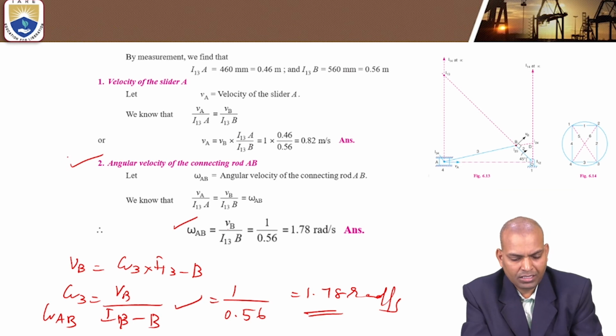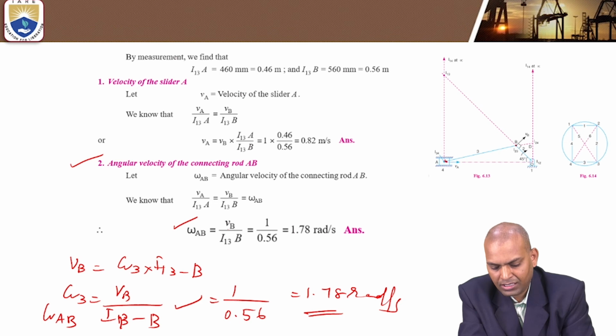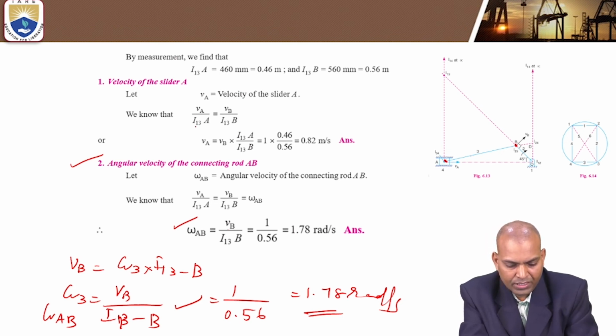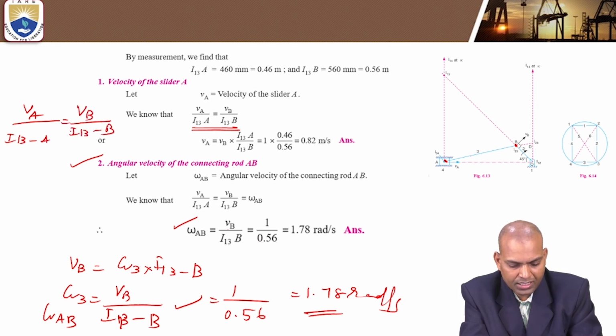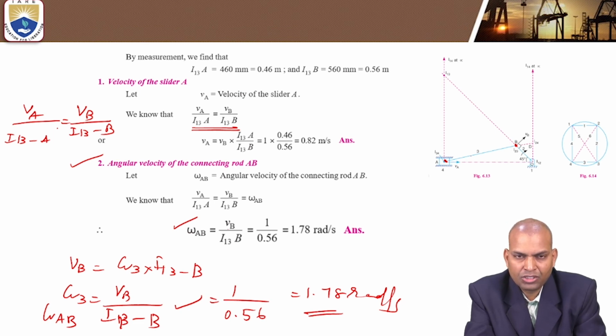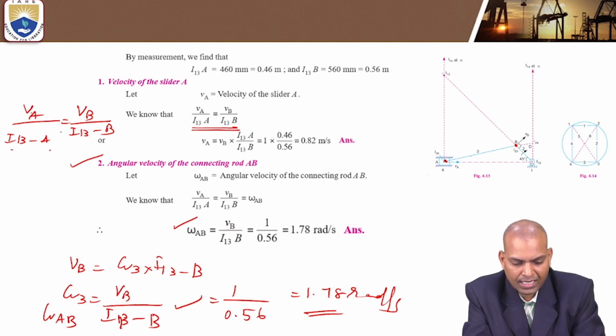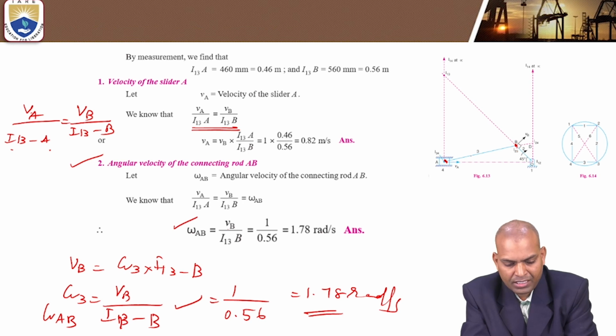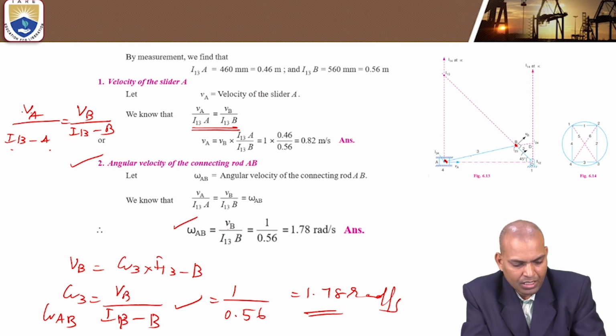Now, another is the velocity of the slider. The velocity of the slider is VA, and VA and VB are on the common link 3. So using the relation VA by I1,3A equals VB by I1,3B. Why? Because this omega AB is on link 3, both have common angular velocity. Omega 3 equals VA by I1,3A and VB by I1,3B.